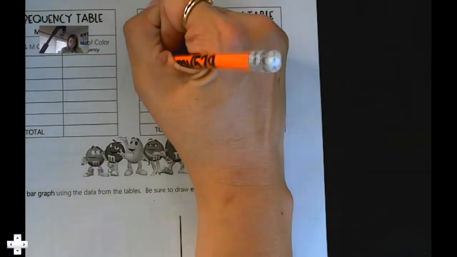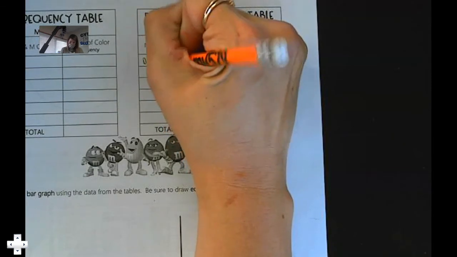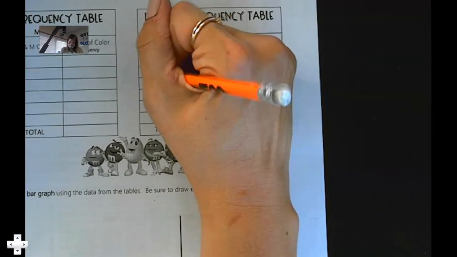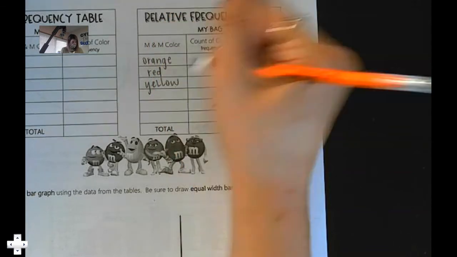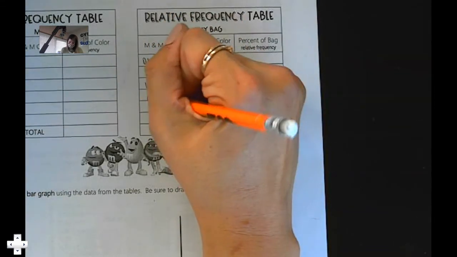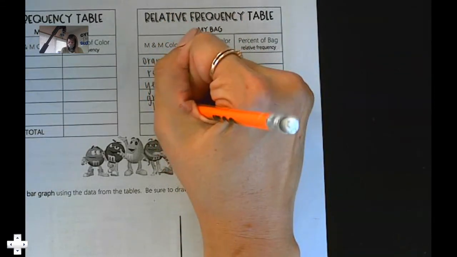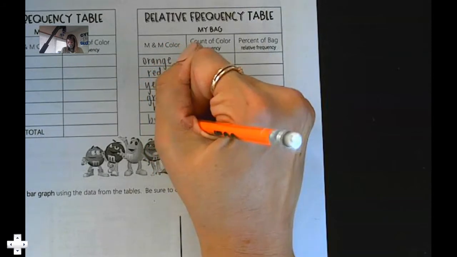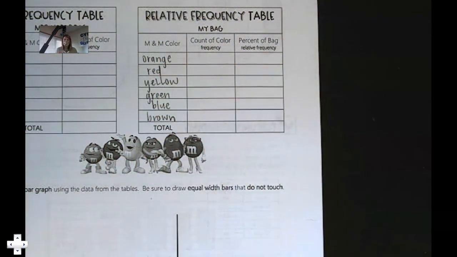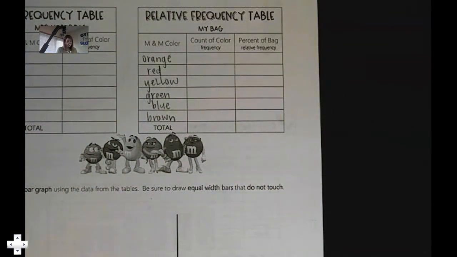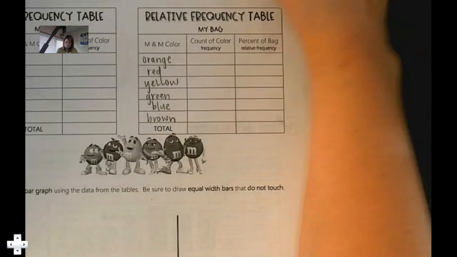Then I think the next one is red, then yellow, green, blue, brown. And then once you open them and count them up, they're yours, and you can do with them whatever you would like, which is probably to eat them.